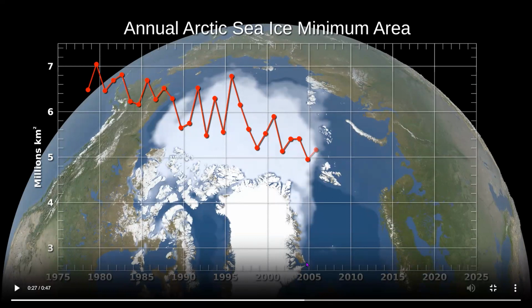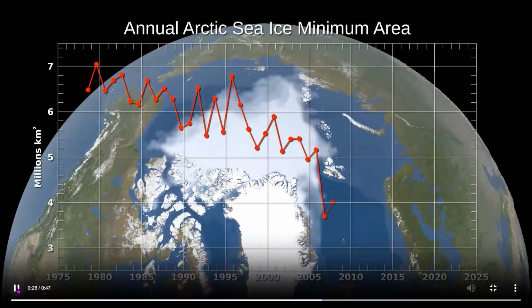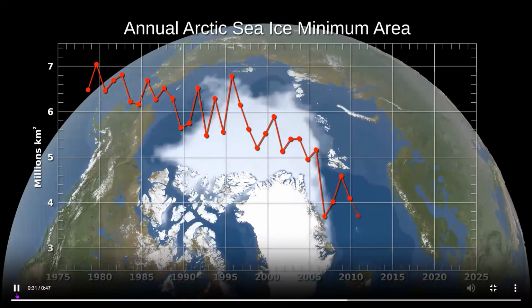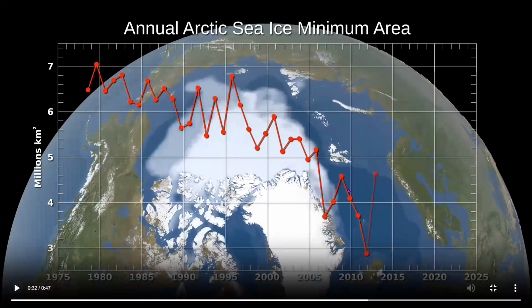So here we go. We're at 2005. So you can look on here if you're in your 30s or your 20s, or maybe you're a teenager. Look at where you were born, and you can see what the Arctic was doing in my lifetime. Here you go. 2007, a big dip, and it regained some of the ice, but then it tended to lose even more because there was more ocean that was warmer.